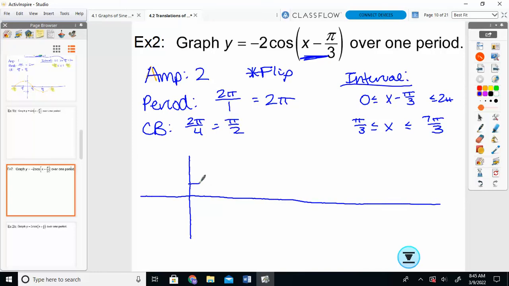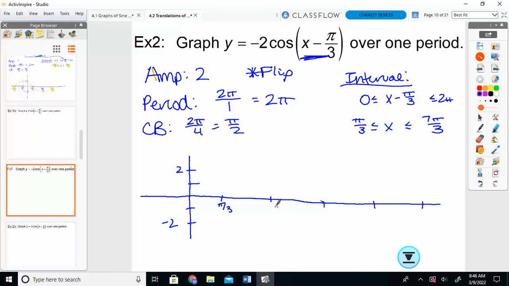My amplitude was 2, so my high point is 2. My low point is negative 2. Where is the first point I need on my x-axis? Pi over 3. And we need 5 total points. Okay, so to get the others, we just add our count by.